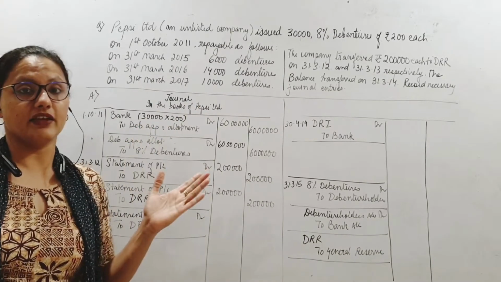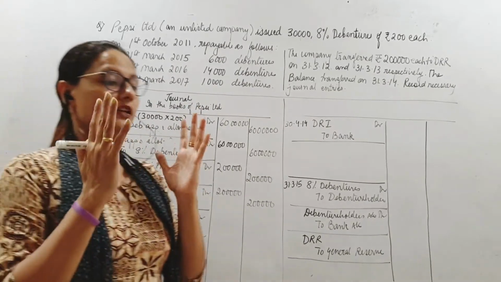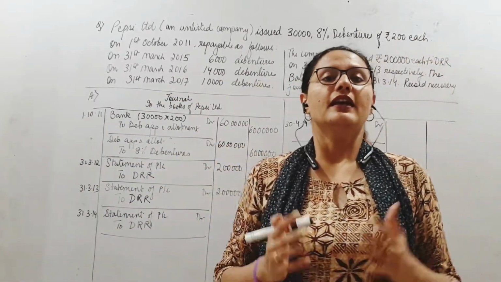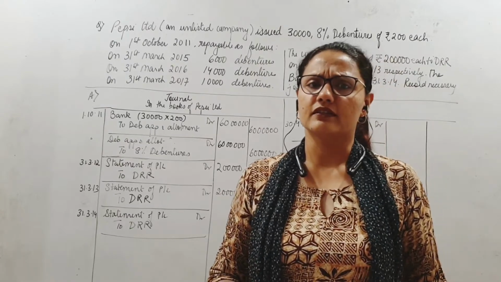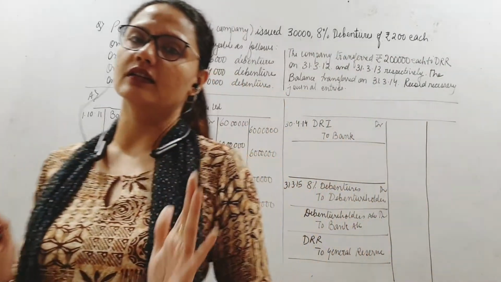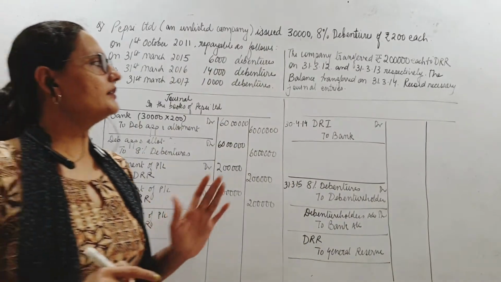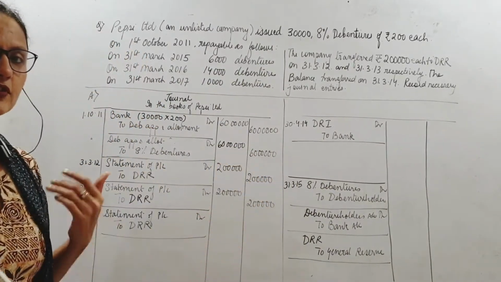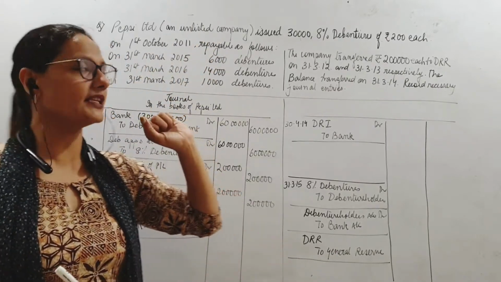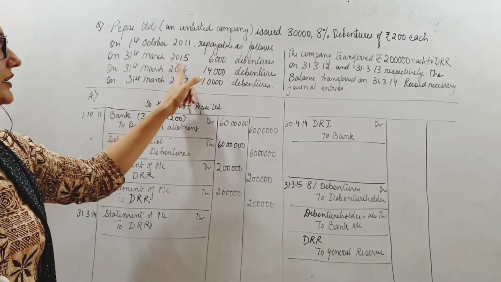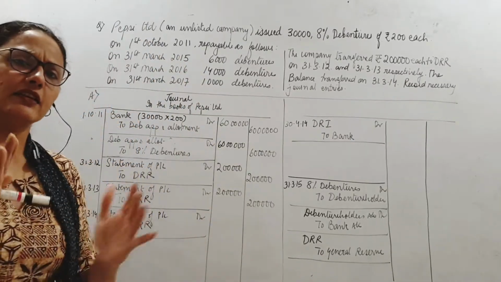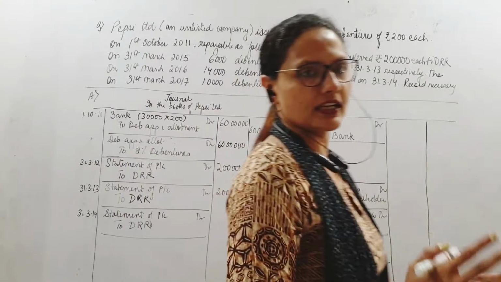In this sum it is given that 2 lakhs we are creating twice, on 31st March 12 and 13. In certain sums it might not be given. So the entire amount you will make just before the redemption, that is on 31/3/14, which is the last closing date before we start redemption. Before we start redeeming debentures on 31st March 15, usually DRR should be created up to 14, right?